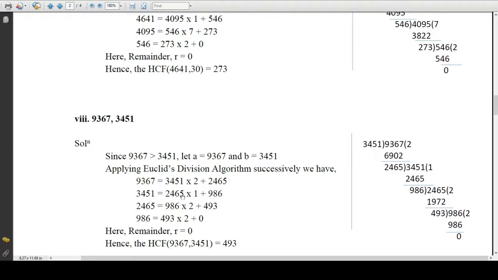Third step, 2465 as the dividend, 986 as the divisor. When you divide this, you will go with 2 is 1972, leaving remainder 493. Now the last step will be 986 divided by 493, will go with 2 is 986, leaving remainder 0. Therefore the HCF of these two numbers will be the last divisor, which is 493.